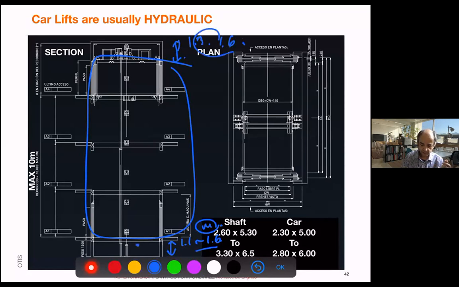You have people working inside, they can just crawl in case of the elevator coming up and down, and you don't get crashed. Right? So you have a small margin for the movement of the elevator. So you have plan and section.